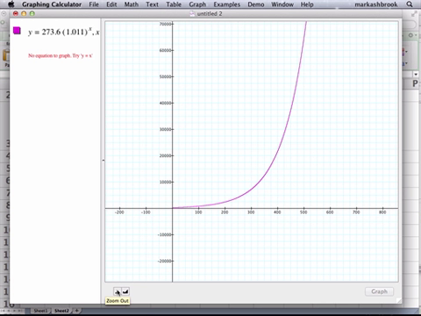If the percent stays the same, you're taking the same percent of a higher and higher number, so that change is going to increase. So for exponential growth, you're never going to have a constant rate of change. It's a different kind of rate of change, one type of changing rate of change.